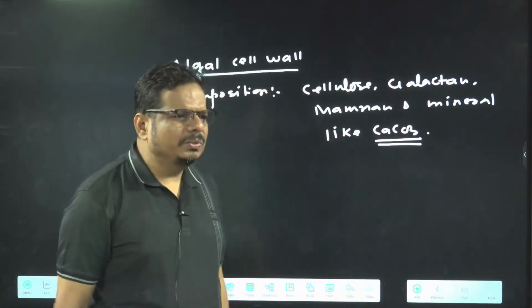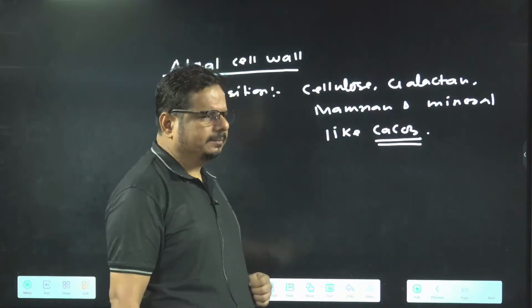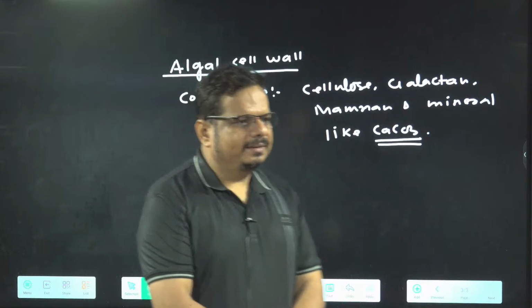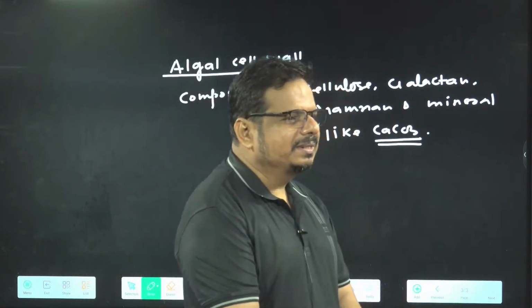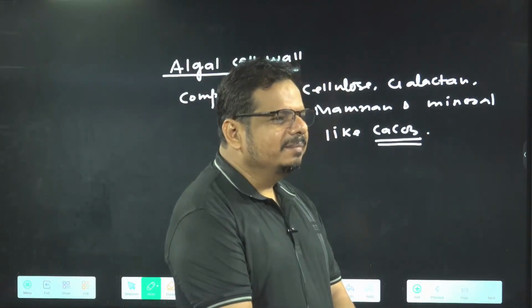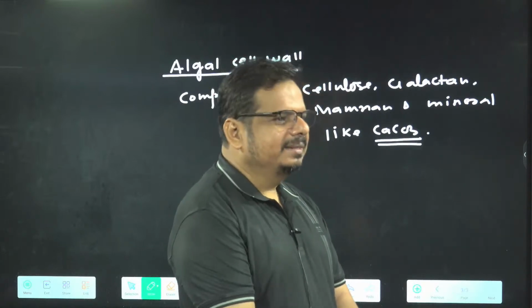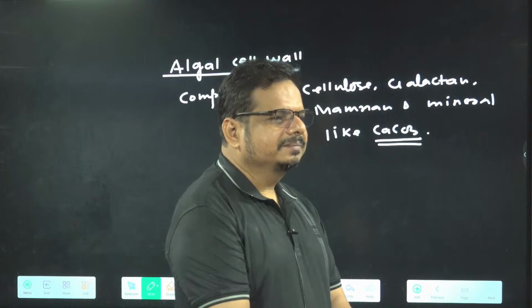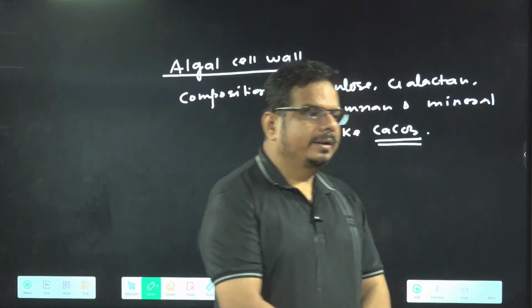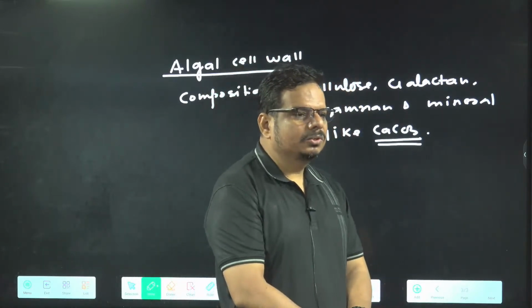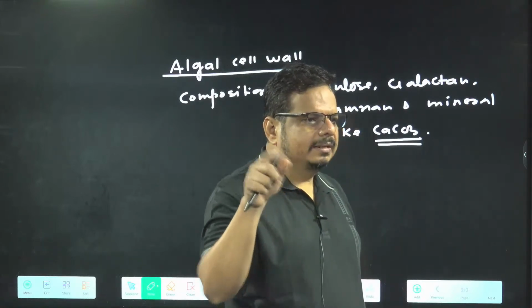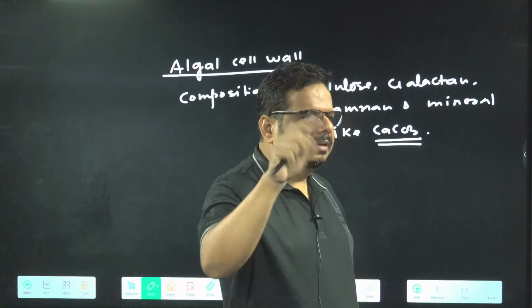So students, don't confuse yourself. Hemicellulose is not written in the algal cell wall composition. It doesn't mean hemicellulose is not present. Many times teachers also make mistakes while framing the question. They find hemicellulose not written in algal cell walls, so they write hemicellulose is not present in whose cell wall, and give the answer algal cell wall.